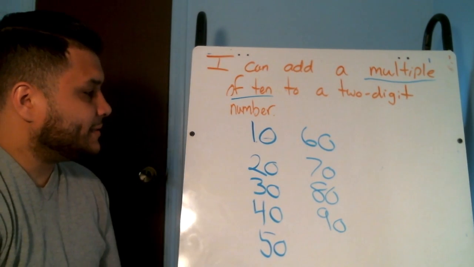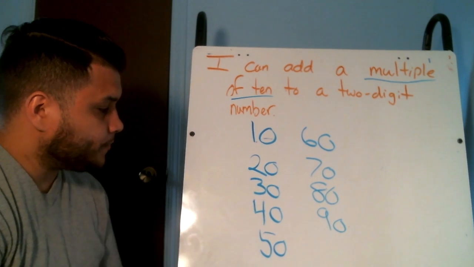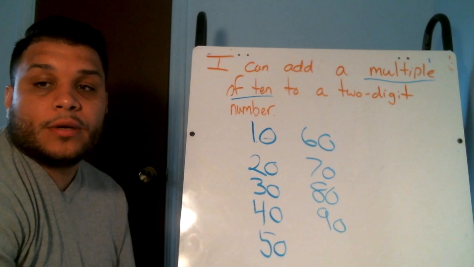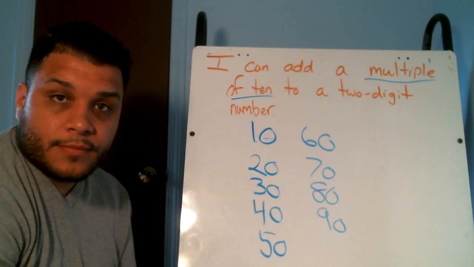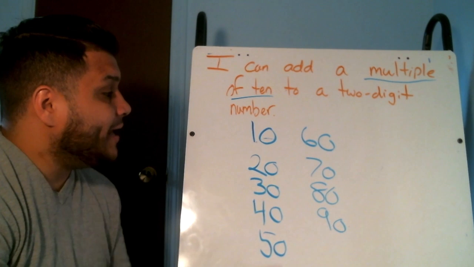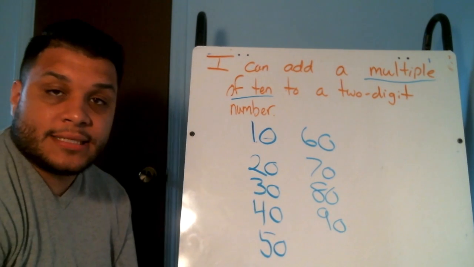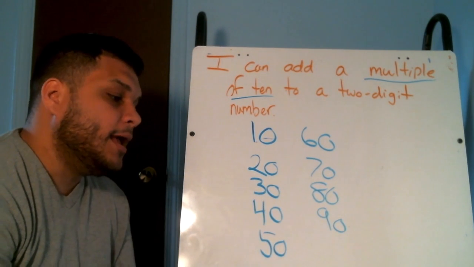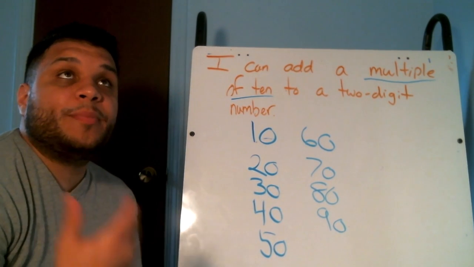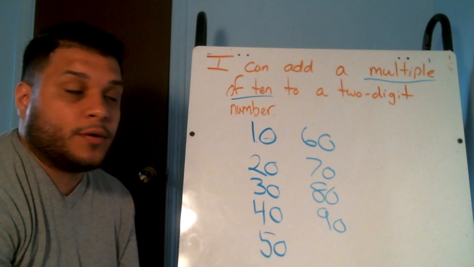Now when we look at 10, 20, 30, 40, 50, 60, 70, 80, 90, what do you notice about the ones place? Yes, the ones place has a big fat 0 in it. And only our tens place has a digit with a value in it. Now our critical question of the day is which place value will be affected by the multiple of 10?